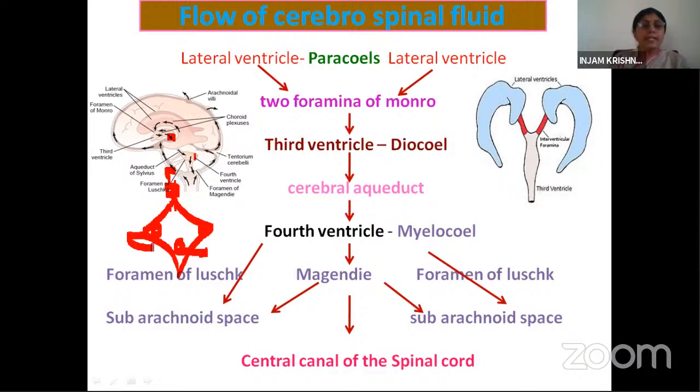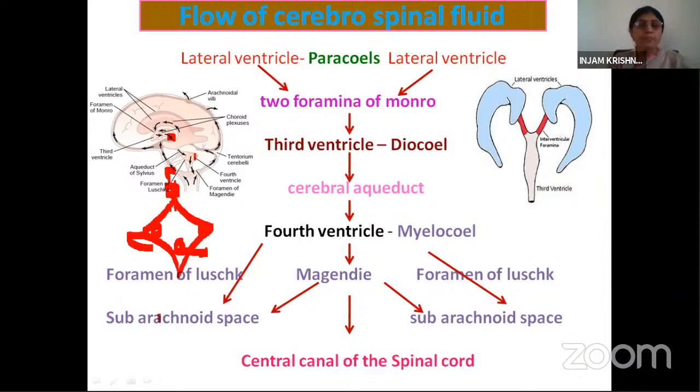Next, at the sides, we have other foramina. What are those? Foramina of Luschka. Two sides, the foramina of Luschka are located. Through them it enters the subarachnoid space, and then it goes into the central canal of the spinal cord.